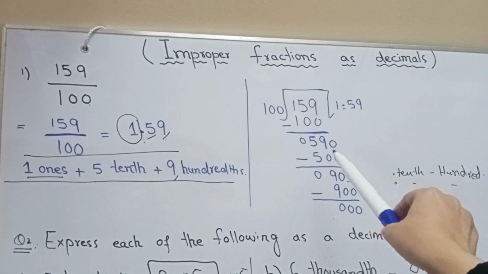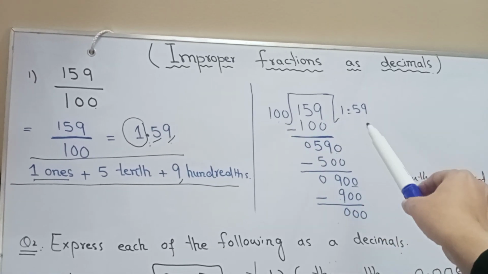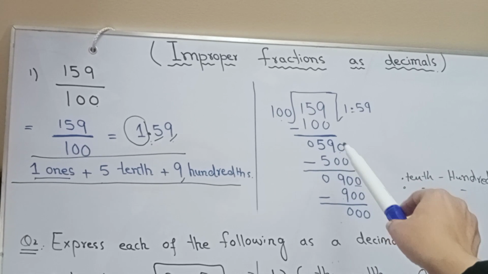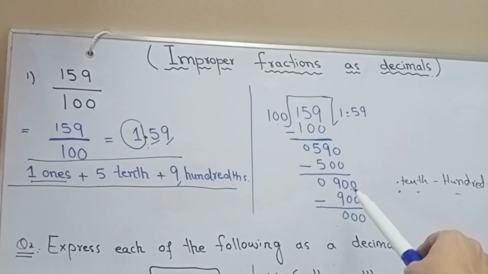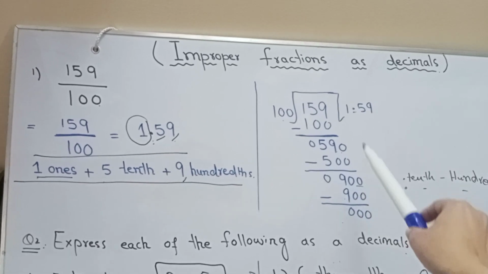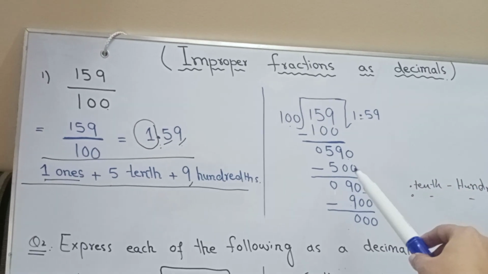Then it becomes 590, and it can be divided by 100, 5 times. 100 fives are 500, then 90. Now we have 90, so again there is a need of 0. After the point we can carry only 3 zeros.